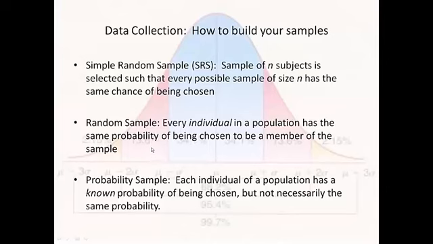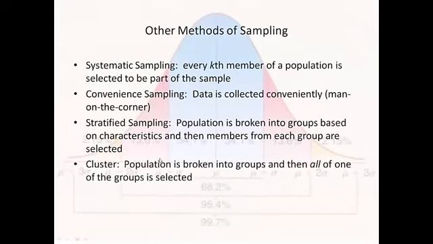I don't want to do a simple random sample with that, because if I'm trying to grab 5 kids, I might end up with 5 Caucasian kids, or 5 African American kids, and I want my sample to reflect my population. So I would tweak the probabilities so that each group's probability of getting into the sample reflects what proportion of the population they truly are. All right, just so you know.